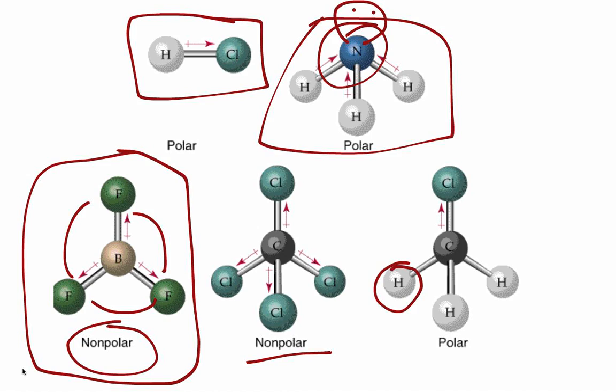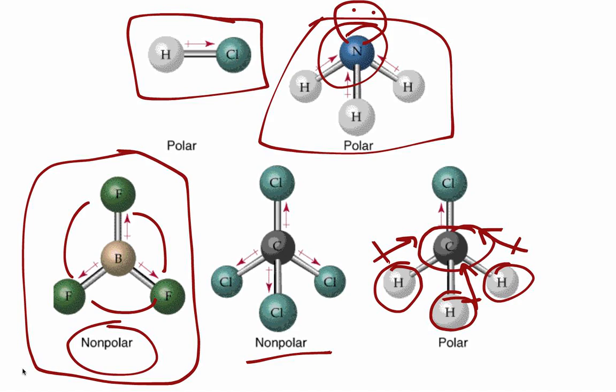If we replace 3 of those chlorines with hydrogen, now hydrogen is less electronegative than chlorine. Hydrogen is actually slightly less electronegative than carbon, so the pull is actually now in from hydrogen towards the carbon. So the electrons get pulled towards the carbon and then out towards the chlorine.